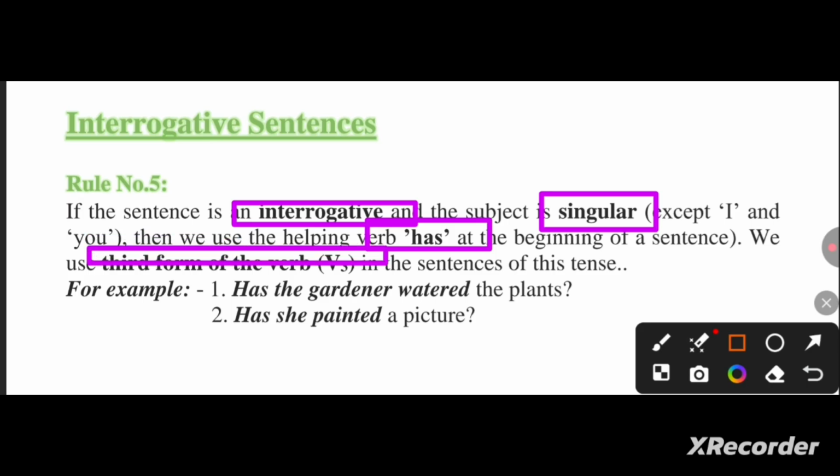Third form of the verb is used over here. Here we can see in the sentence, has the gardener watered the plants? Gardener is a singular one and helping verb has been used at the beginning. And third form of the verb watered has been used. Similarly in the second sentence.